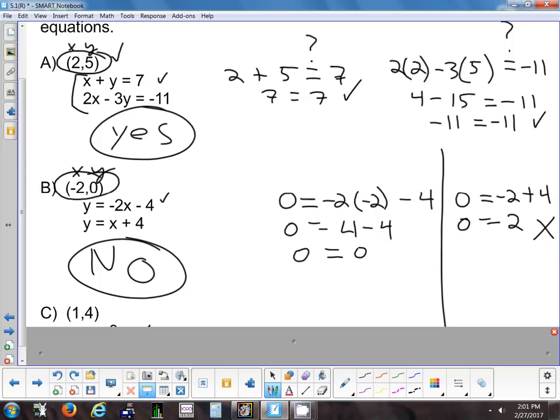Why not, Josh? Yeah, the first one already doesn't work. It has to work in both. So if you check the first one and it doesn't work, you can stop. It doesn't matter if it works in the second one. It has to work in both. Okay?